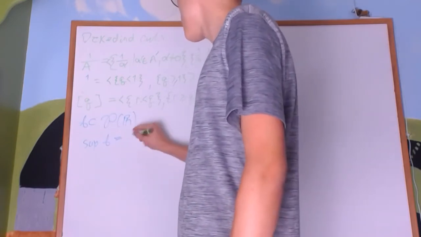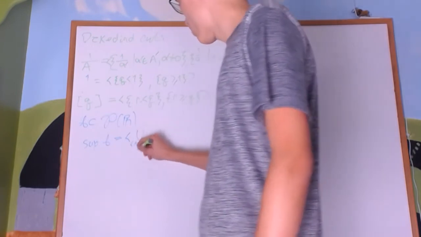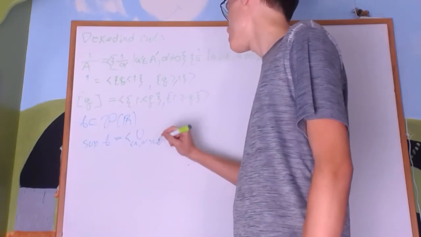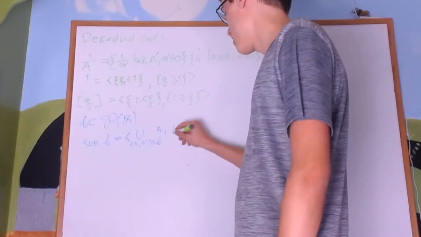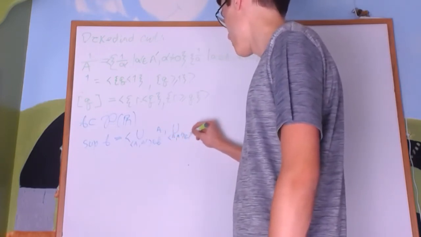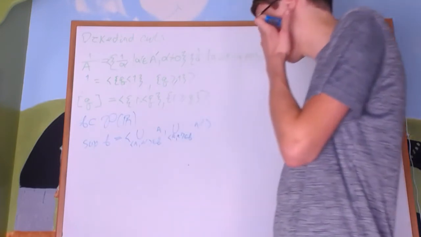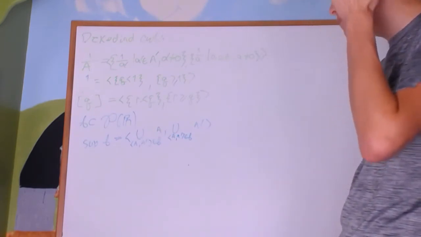So it is the union for A prime in that set A, and then the union for A prime, an element of A. That will be the supremum, because everything will be a subset of it.